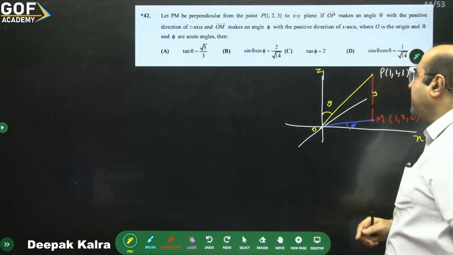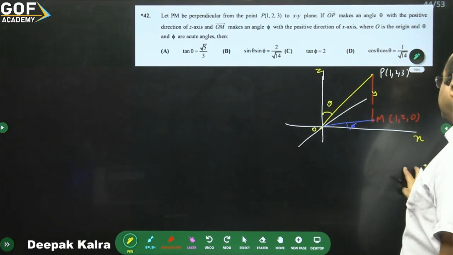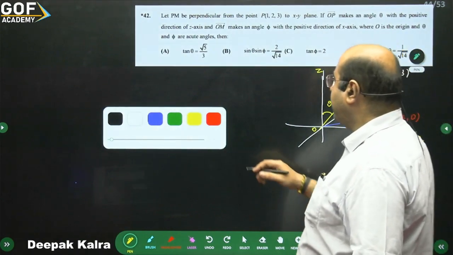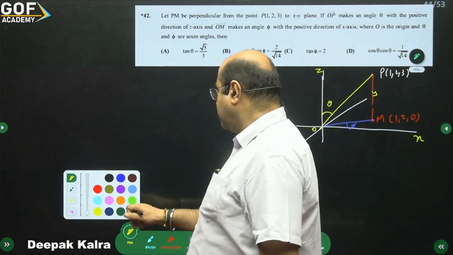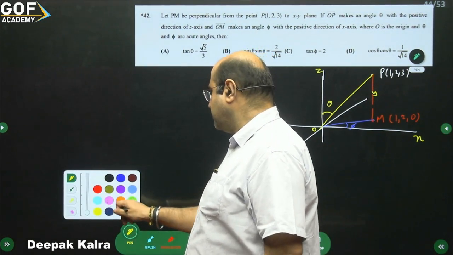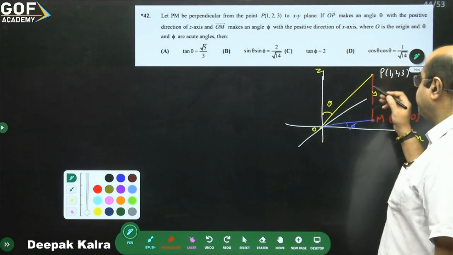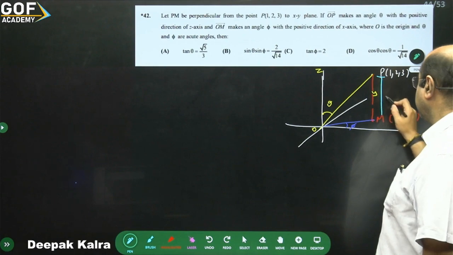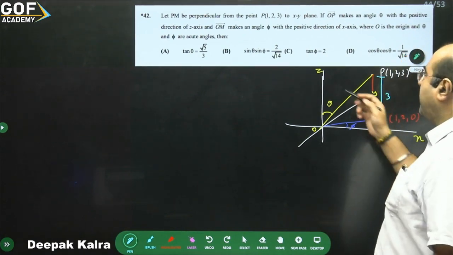What is the problem in this? What have you not understood? Can you tell me? Anybody? What is not understood by you? See, this is my 3 unit, right? I want tan theta.